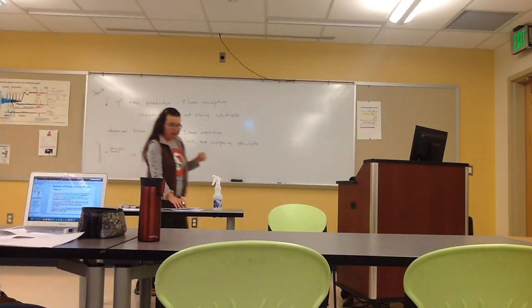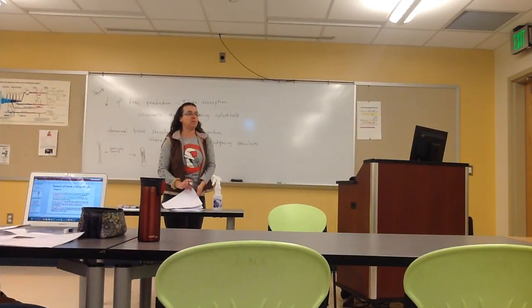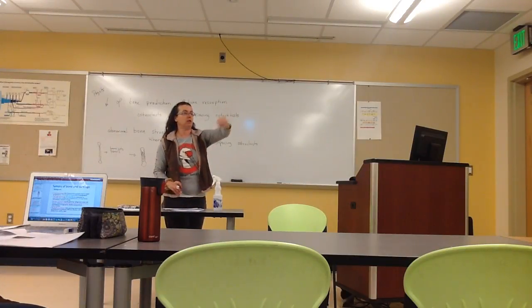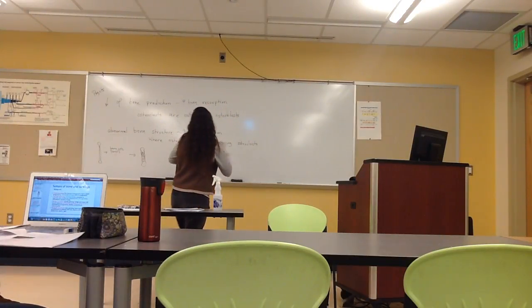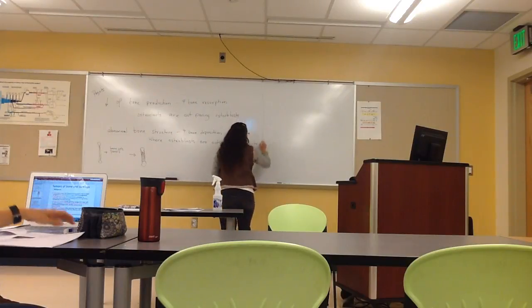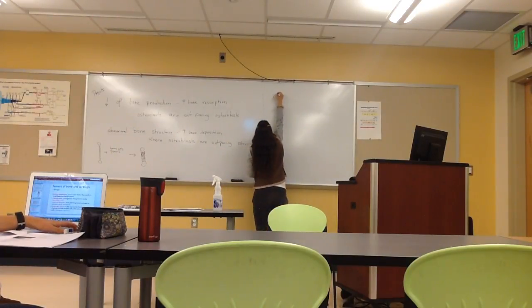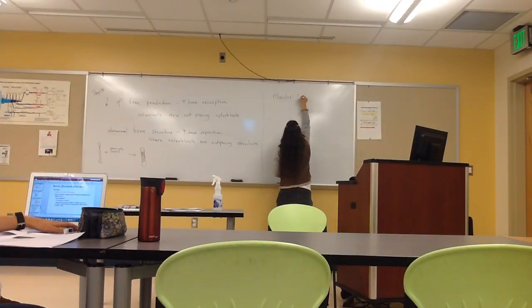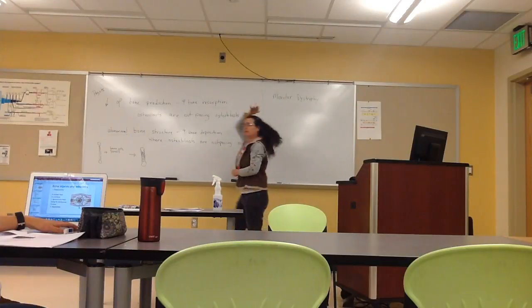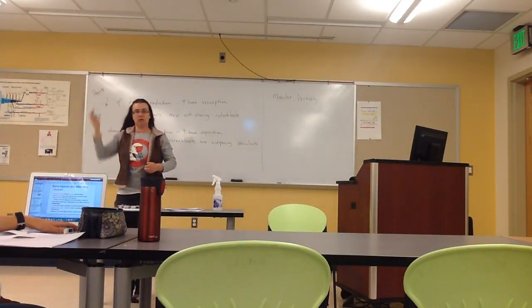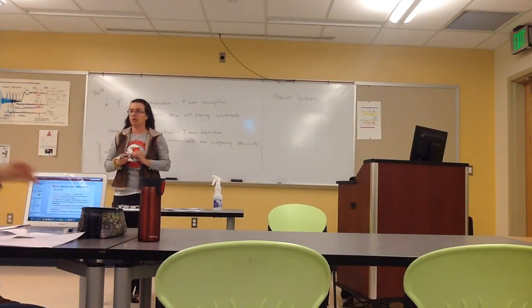Muscular dystrophy. Okay, now that's a muscle one. So these are all bone, and then we have muscular dystrophy, and that's dealing with muscle. But what are some of the other muscle ones we have? Myasthenia gravis.